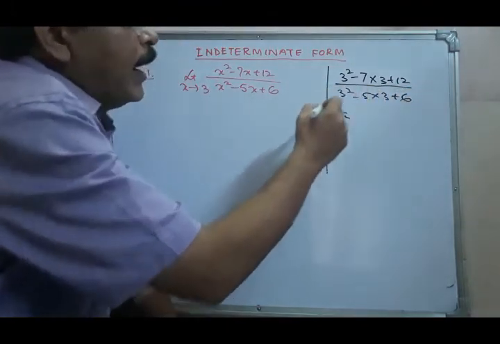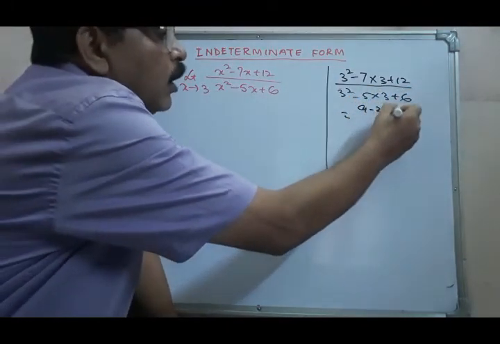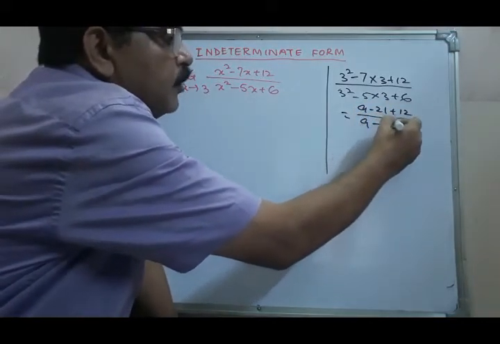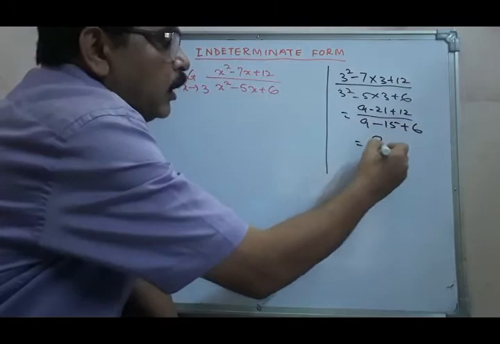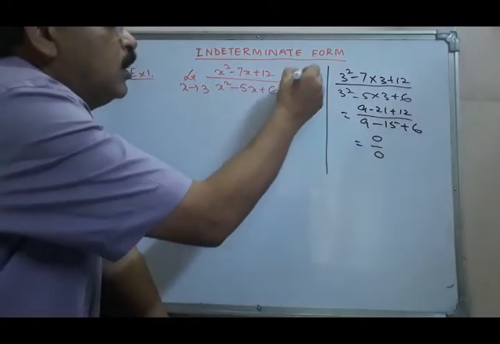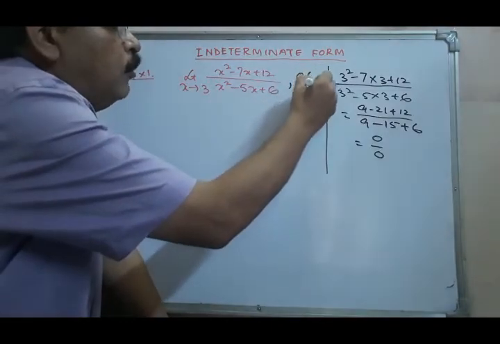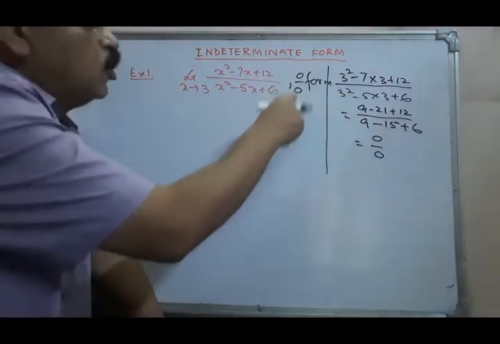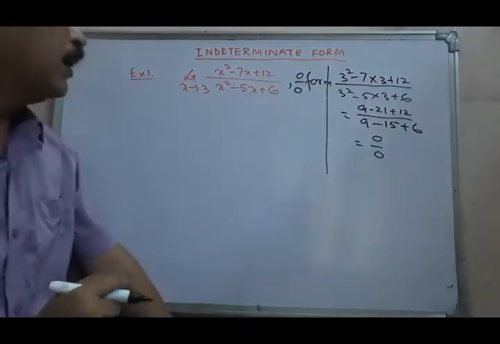So the numerator gives 9 minus 21 plus 12 divided by 9 minus 15 plus 6. So we are getting 0 by 0 form, which is indeterminate form. It is compulsory to write that it is 0 by 0 form. Since it is 0 by 0 form, we can apply L'Hospital rule.